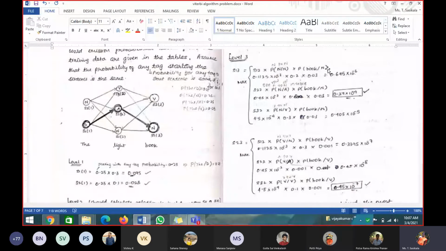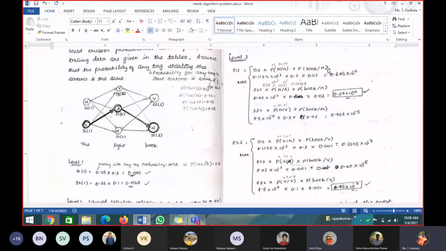Yes, ma'am. What is the second combination? Please write the combination, then you find the values from the table, then you can multiply. If you take the combination wrong, it will be a problem. What is the second combination for S13? S22 into P of noun given adjective into P of book given noun. Okay.